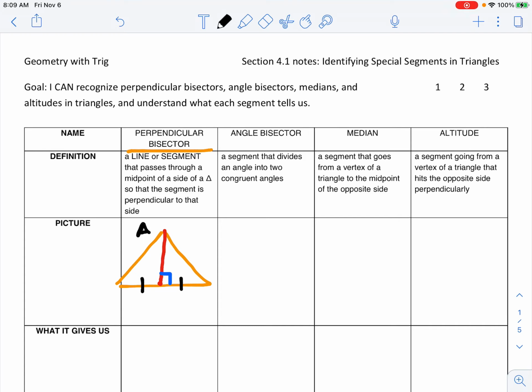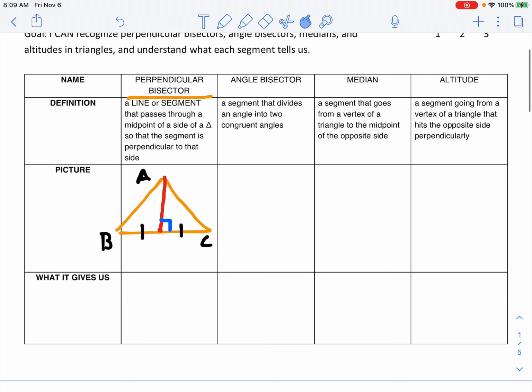So let's say our triangle was A, B, C. What happens when they give us a perpendicular bisector, and let's say that it hit at point D right there. Because the perpendicular bisector hits at the midpoint, we have 2 things that take place in our triangle. It now makes the bottom part, or the piece where it touches, equal.